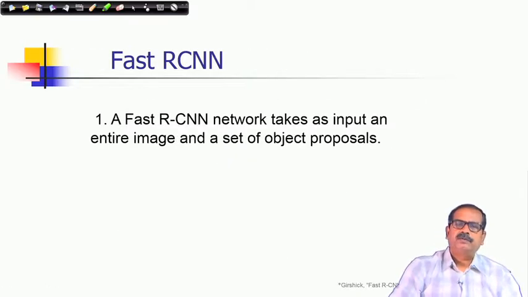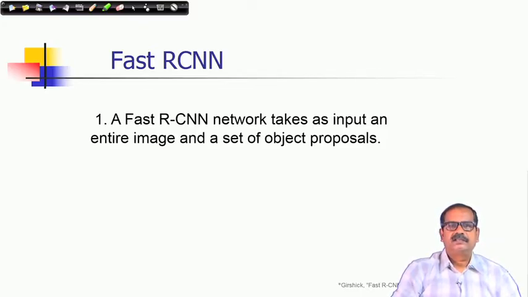An improvement over this particular approach is that now we can use a fast RCNN network, and here the idea is that instead of using an SVM, classification and feature extraction can be carried out in one go. That means, for every region it will pass through both feature extraction and classification in this case.